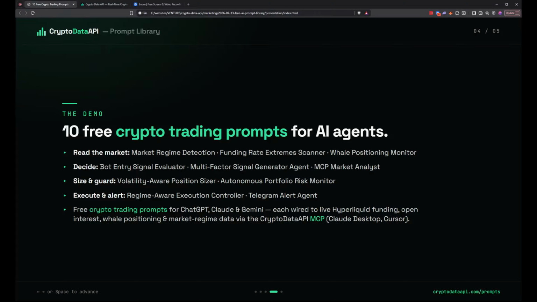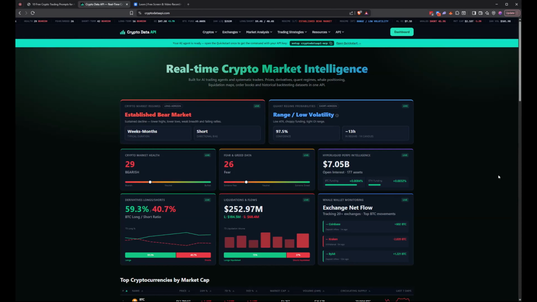Then we'll size it and guard it, so we'll look at volatility-aware position sizing and autonomous risk management. Then we'll look at how we can execute orders and build some alerts, so we'll put together an execution controller and a Telegram alert agent. All these crypto trading prompts are free, and they all work with ChatGPT, Claude, Gemini, and any AI agent that supports MCP. So let's grab the first prompt.